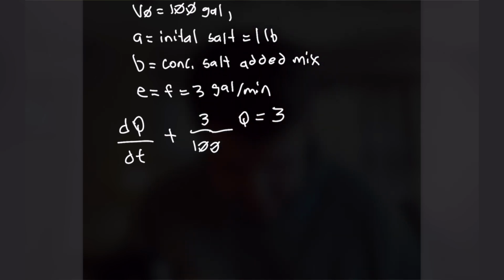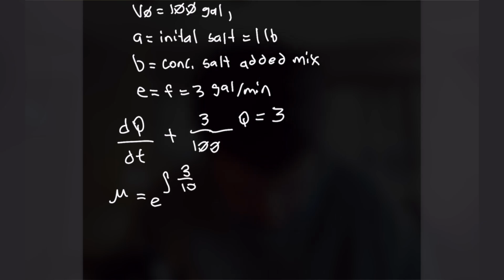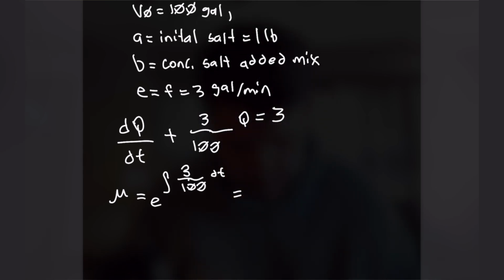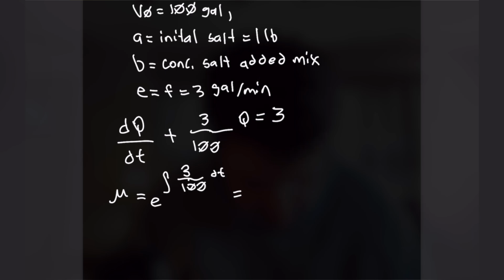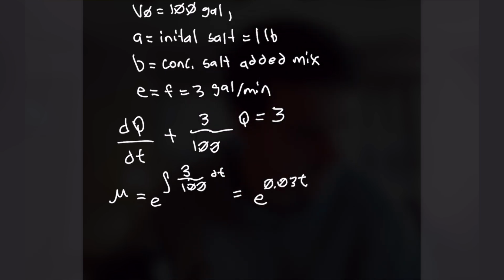And we will also find the integrating factor for this differential equation the same way that we did before. So our integrating factor mu is equal to e to the integral of our coefficient there, 3 over 100 dt. And that's, of course, going to be equal to e to the power of 3 over 100 times t. But I'm going to go ahead and write that as a decimal so it's a little easier to write out a bunch of times. So we'll have e to the 0.03 t as our integrating factor.